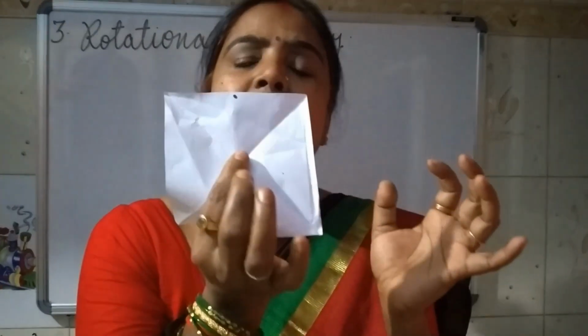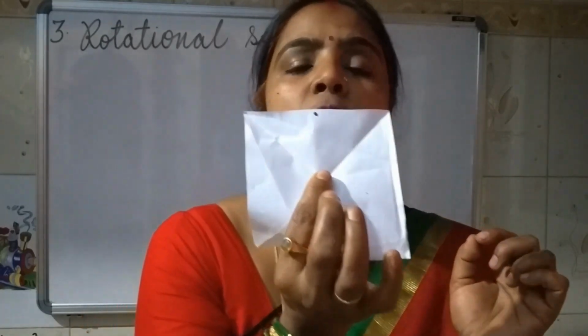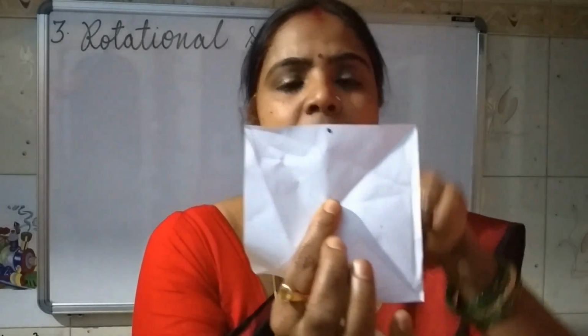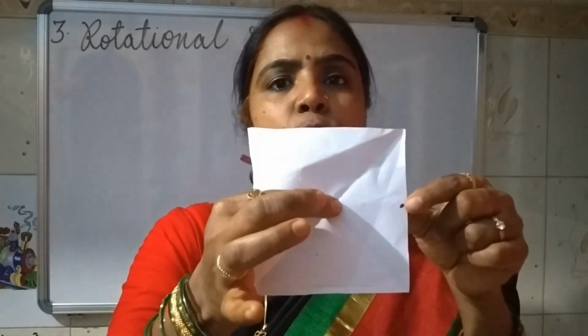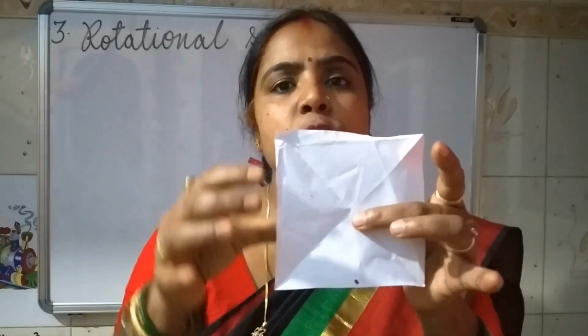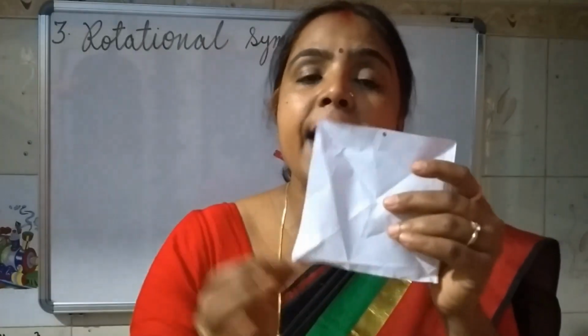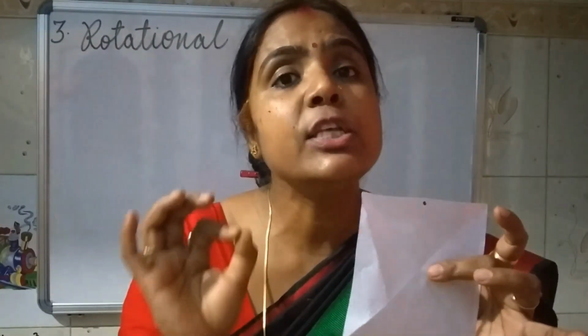So in all 4 turns, its shape is a square only; it is not changing. I rotated 4 times, and all 4 times I got the square only.